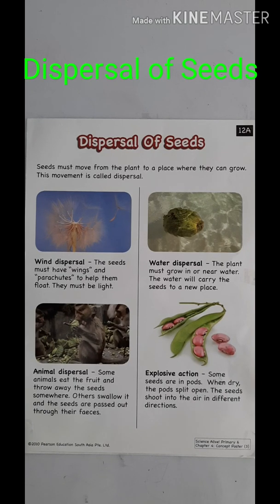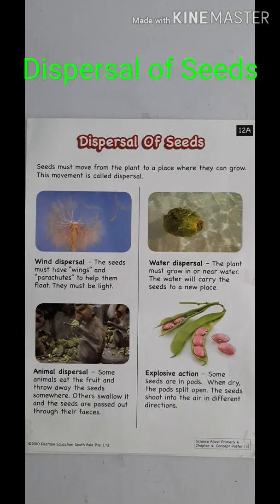Seeds must move from the plant to a place where they can grow. The seeds need to disperse, or separate from their parent plant, so they can grow well. This movement is called dispersal of seeds.